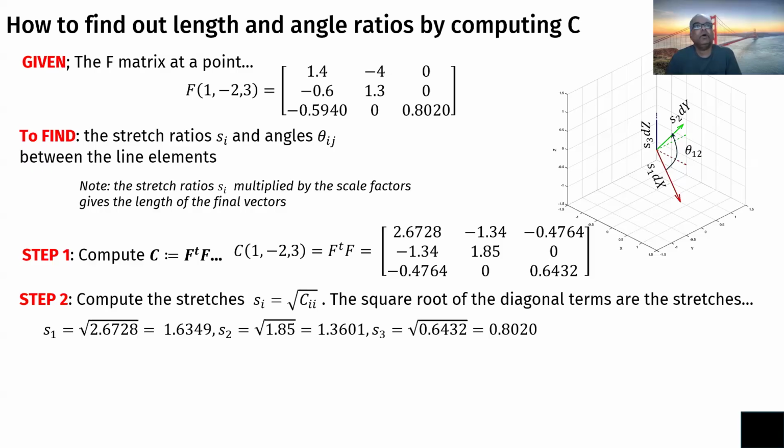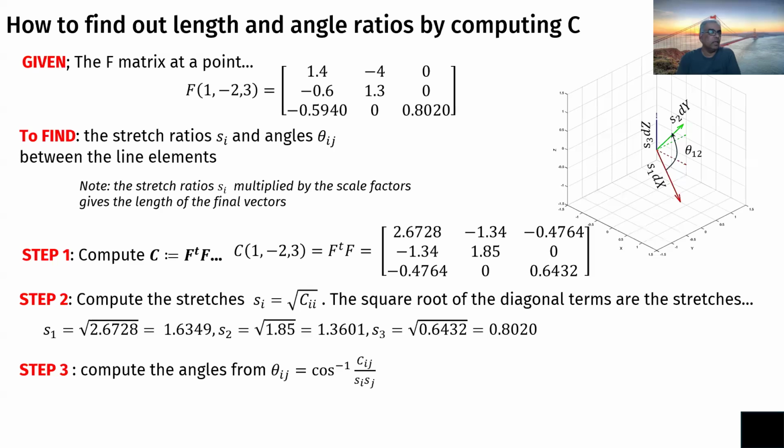So the y-axis, which is the green arrow, got stretched by about 36%. And you can see that, no? One is stretched by about 60%, the other by about 36%. And then S3 is the square root of 0.6432, which is 0.8020. That means the blue arrow got shrunk a little bit. Okay, so that's as far as length changes go.